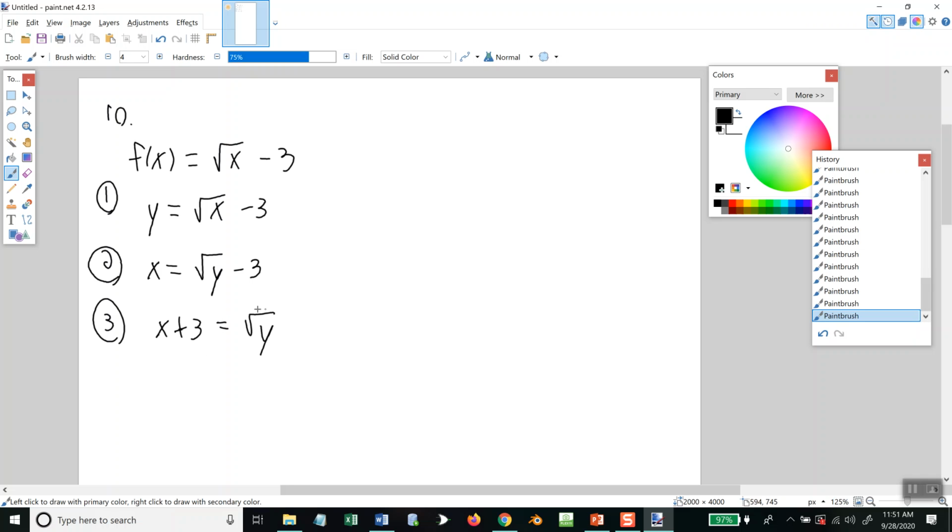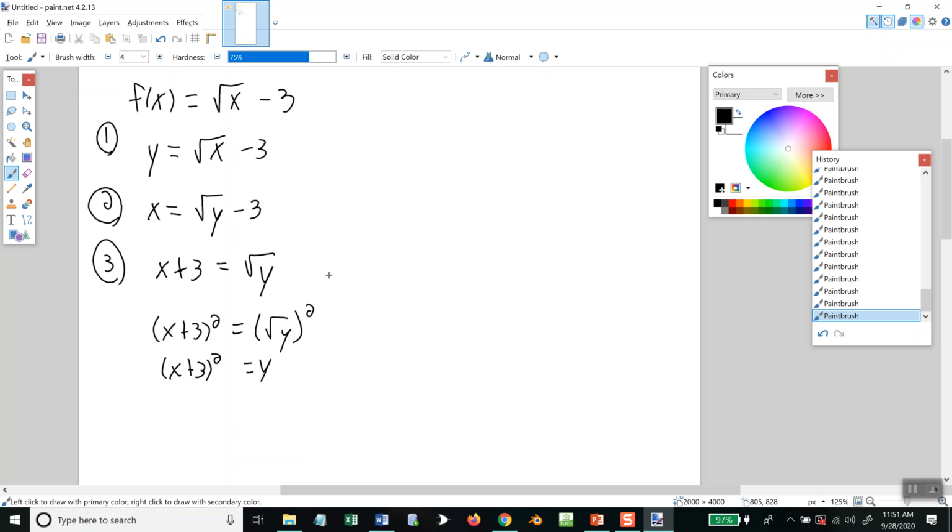This is a radical equation, and the steps for solving a radical equation: get the radical by itself, raise both sides to a power equal to the index, which in this case is squaring both sides. So we end up with x plus 3 squared equals y.